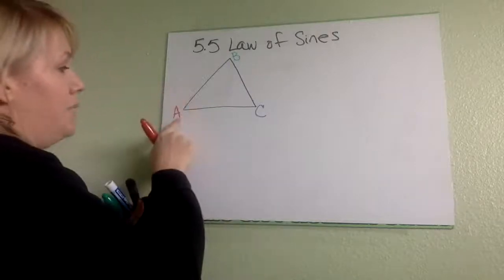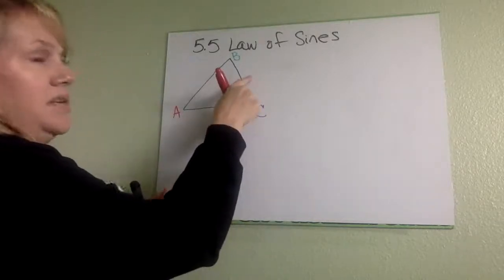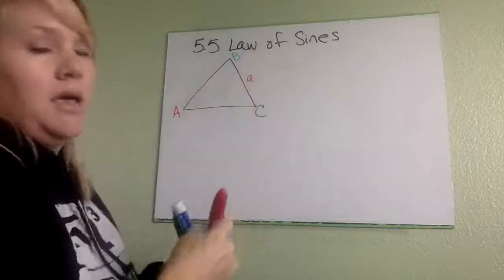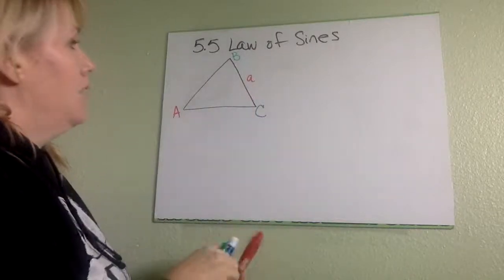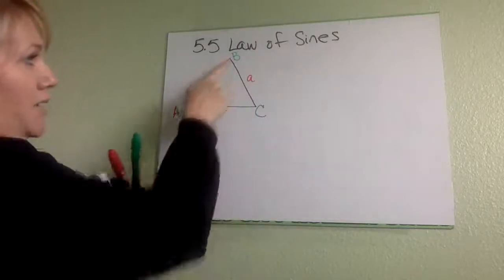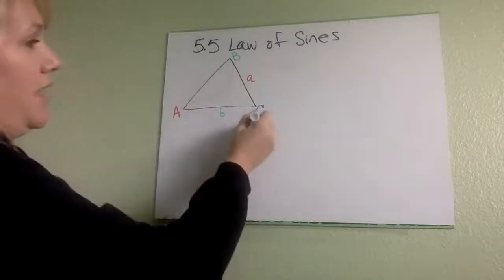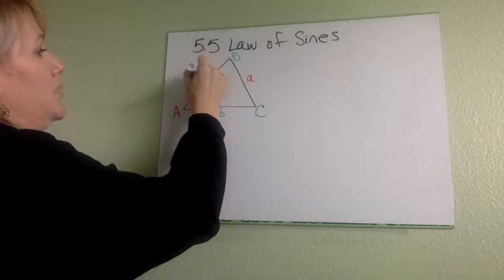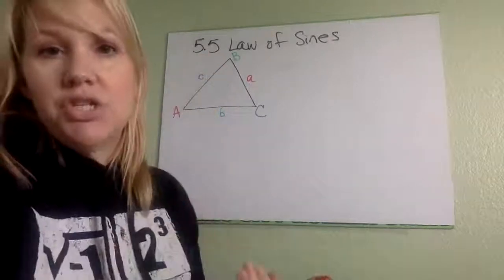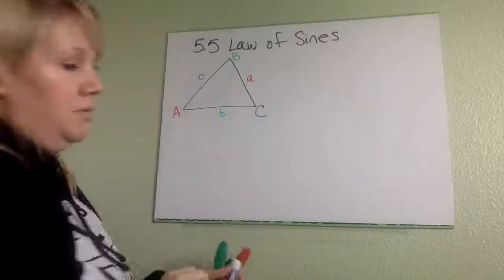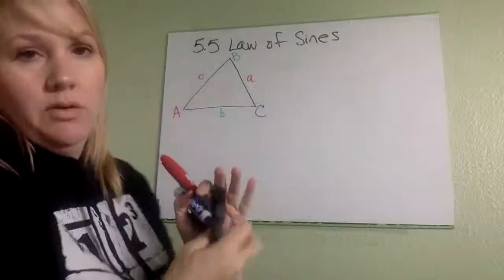So if this is a capital A, the side opposite of this would be a lowercase a. And then, of course, the side opposite of angle B would be side b, and the side opposite of angle C would be side c. That's just general notation practice in any kind of triangle trigonometry stuff.